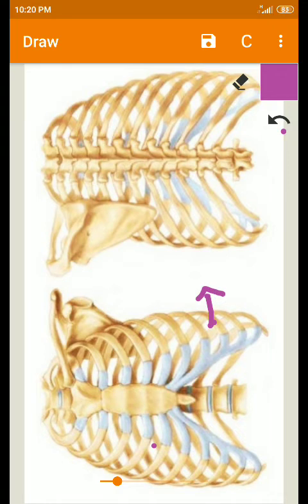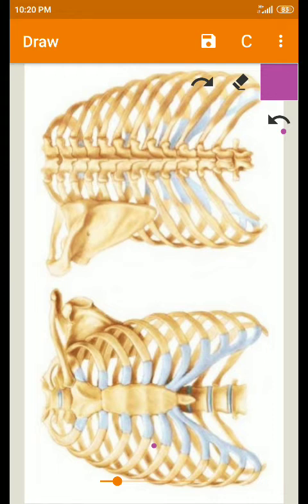Okay, and during expiration the air is expelled out, then the intrathoracic pressure is going to increase. Okay, so this is about the main function of this thoracic cage, why it is designed like this. Okay, how this thoracic cage is formed.